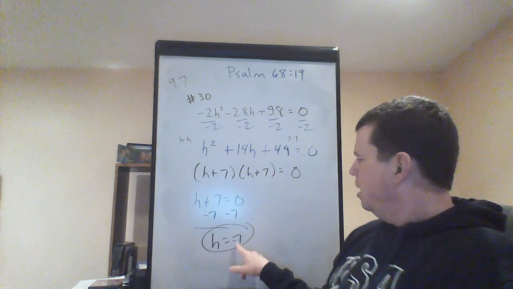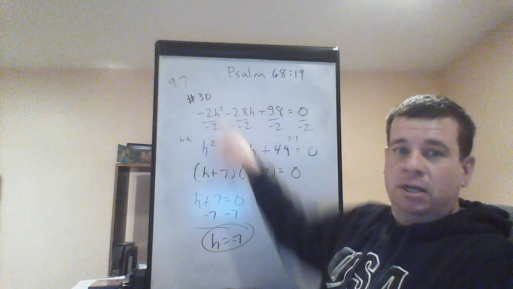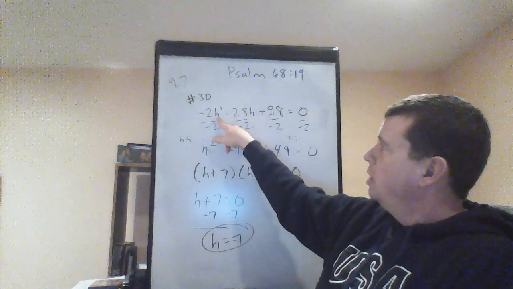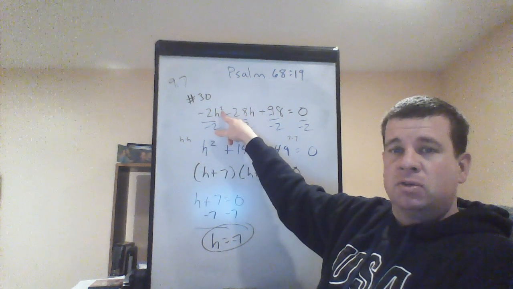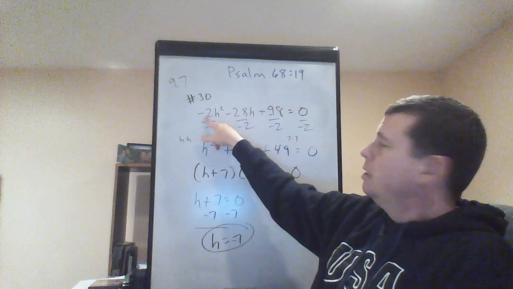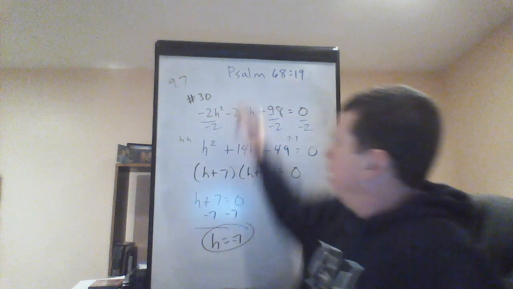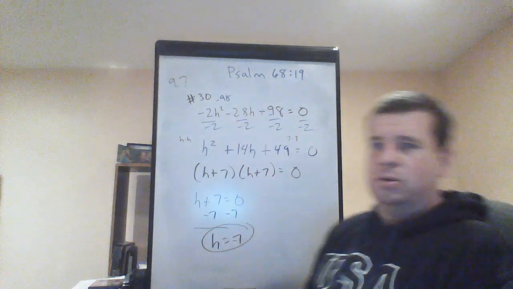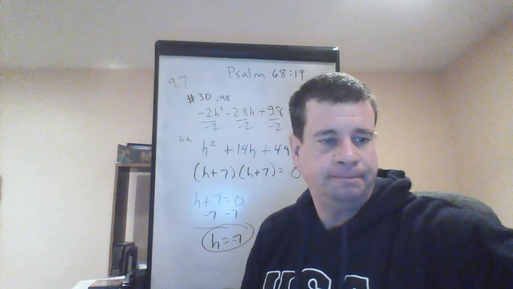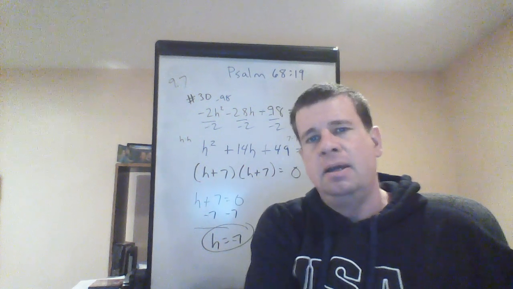If I plug that in, it should work. Let's just do that real quick. I've got nothing but time. Putting in negative 7 for h, negative 7 squared, because I do my exponent first, is positive 49 times negative 2. That would be negative 98, minus 28 times negative 7. I can't do that in my head.